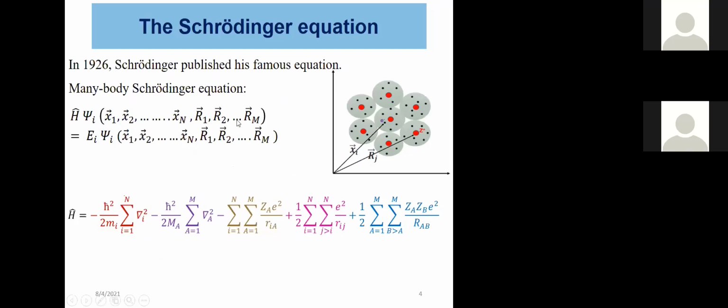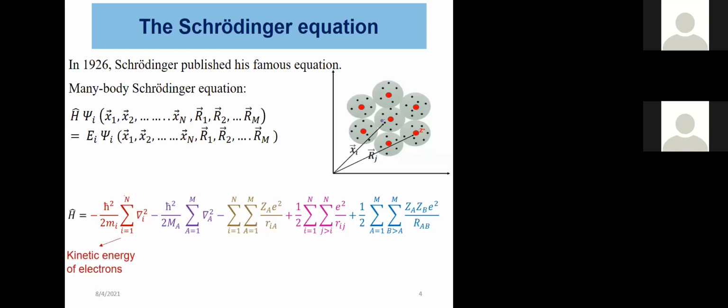Suppose there are n electrons and m nuclei, and we have the coordinates of all the nuclei, and H is the Hamiltonian of the many-body system. When we apply H on psi, we get the energy of the system and the wave function. This Schrodinger Hamiltonian contains five different terms, which are given below.